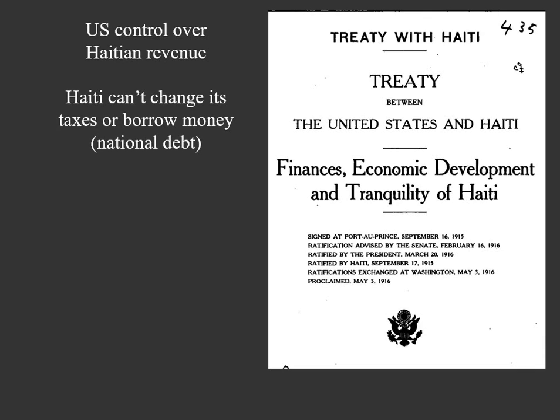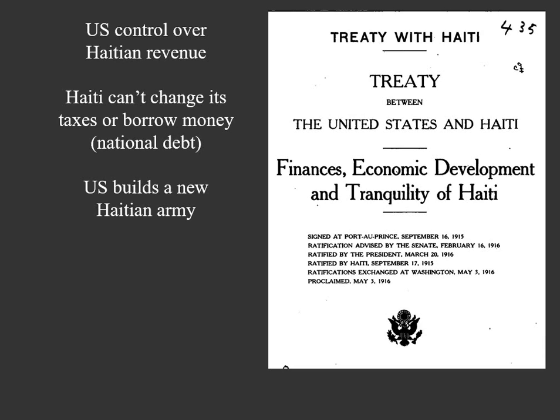It also says that Haiti is not allowed to alter or change its tax policies, its tax brackets, or to borrow money, which means that the Haitian government cannot make its own decisions about its own national debt. The United States controls those decisions.